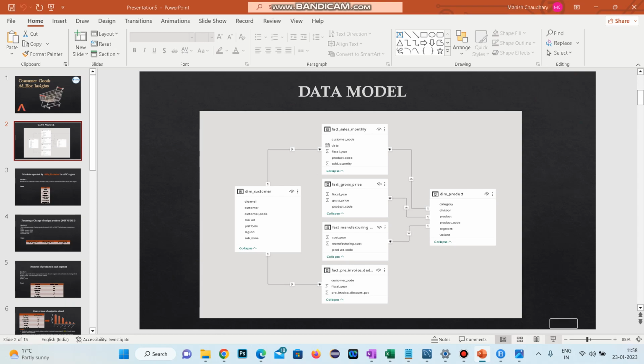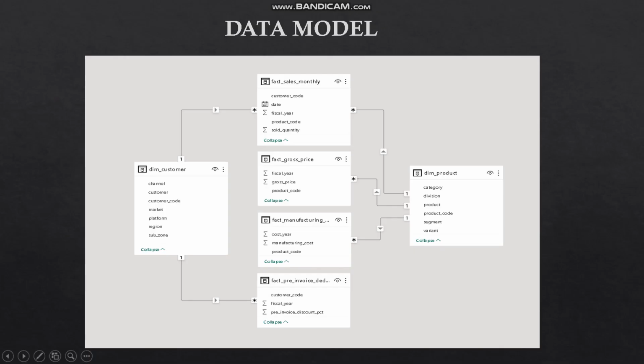First, I have created the data model, which shows that customer is related to fact sales monthly and fact pre-invoice deductions, and product is related to fact sales monthly, fact gross price, and fact manufacturing cost.